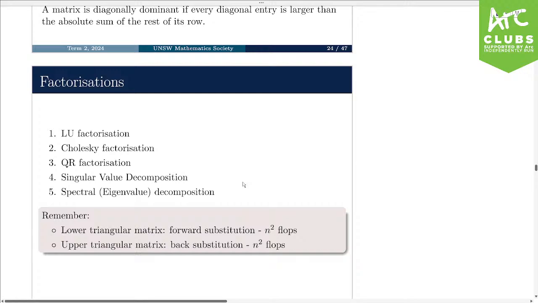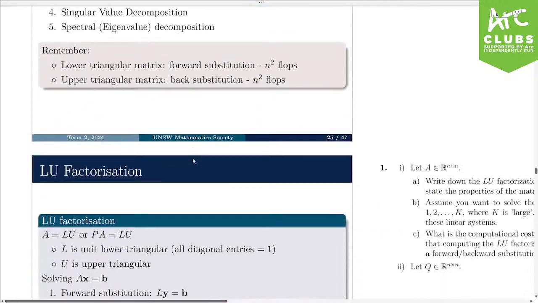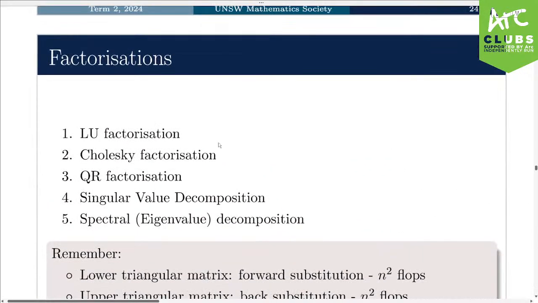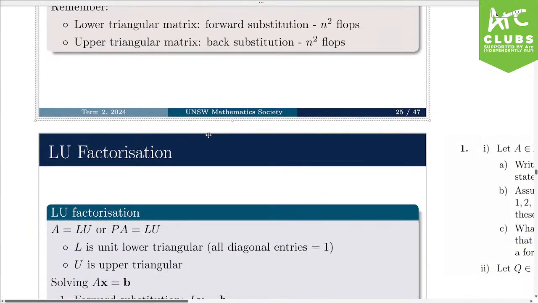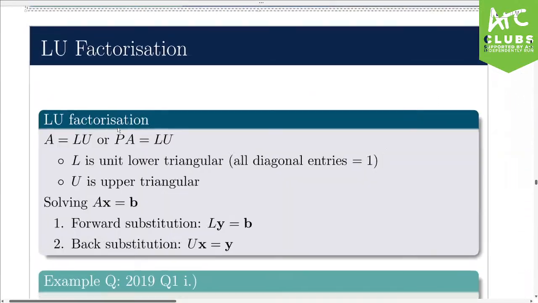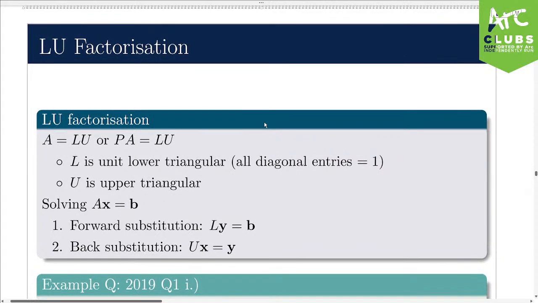Okay, now we move on to factorizations. So there's 5 types of factorizations covered in the course, these 5. And we'll start with LU factorization. So this is a factorization of a matrix into a unit lower triangular matrix and an upper triangular matrix.